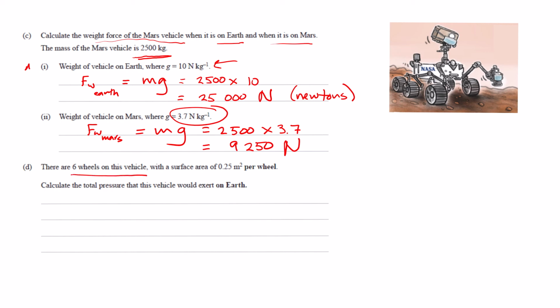Okay, there are 6 wheels on this vehicle, as you can see over there, 6 wheels with a surface area of 0.25 square meters per wheel. So if there's 6 wheels, we're going to have more surface area. So calculate the total pressure that this vehicle would exert on Earth.